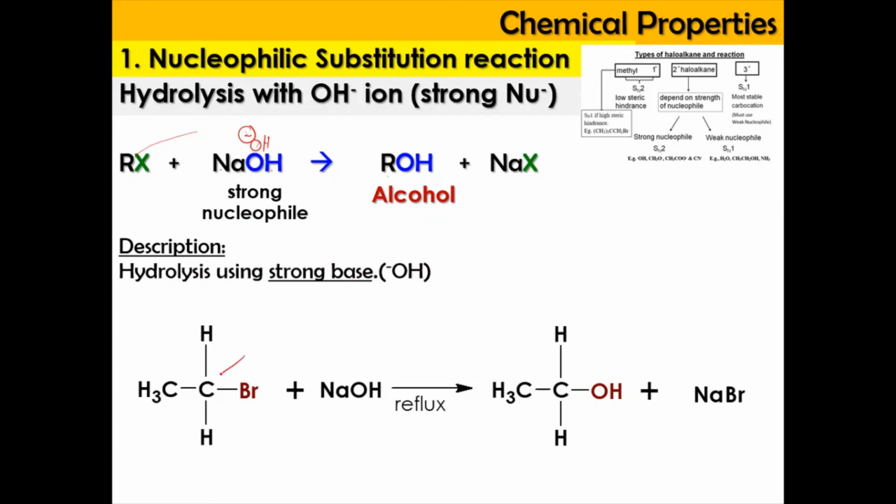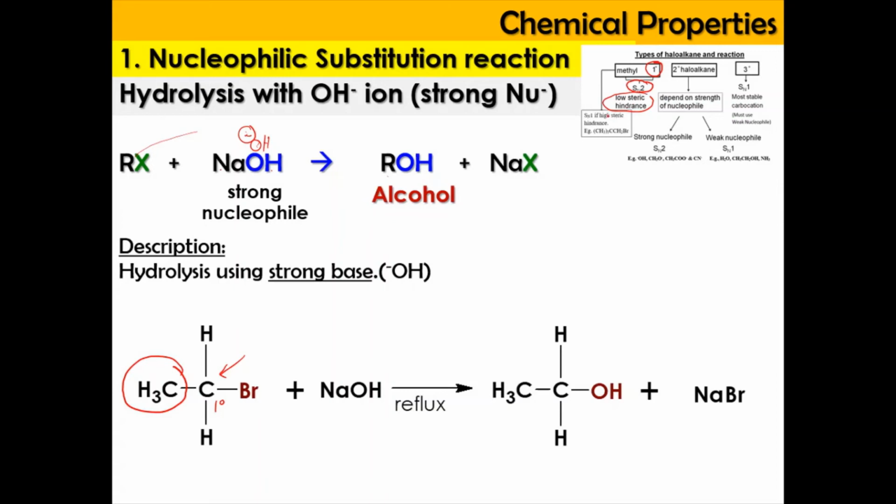So first things first, we have to know our nucleophile, which is a strong base. And if we look into our reaction here, it is a primary haloalkane because it is attached with only one alkyl group. So one alkyl group will have low steric hindrance and then it will undergo SN2.